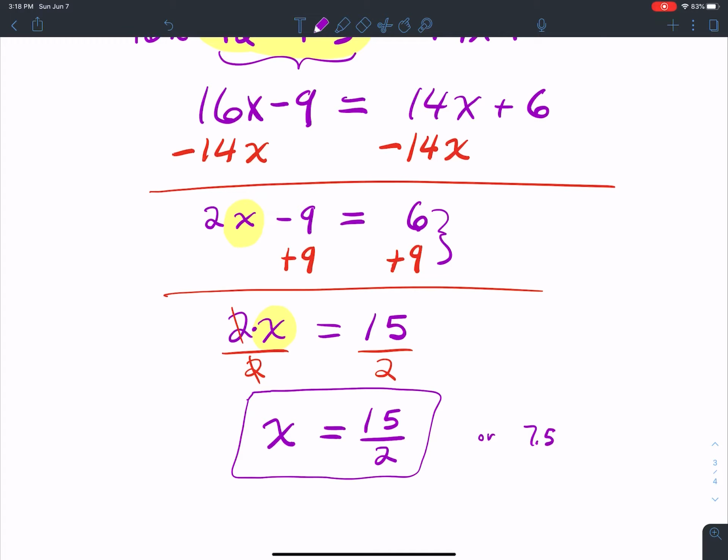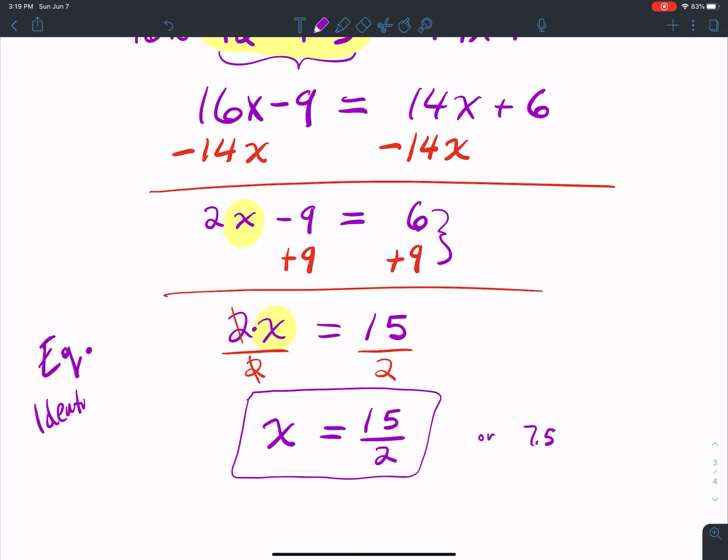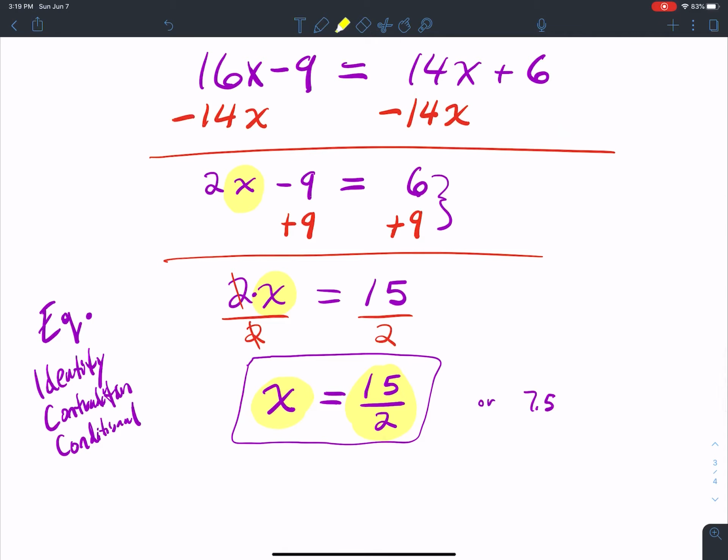All right, is this an example? So this equation, is it an identity? Is it a contradiction? Or is it a conditional? I have x equal to a particular number, 15 divided by 2.